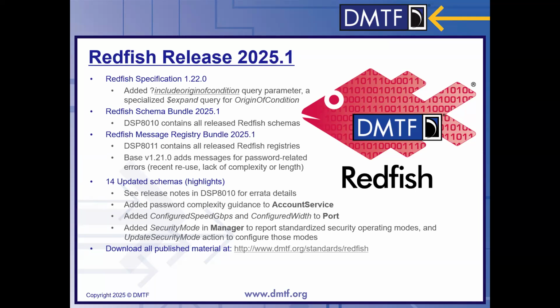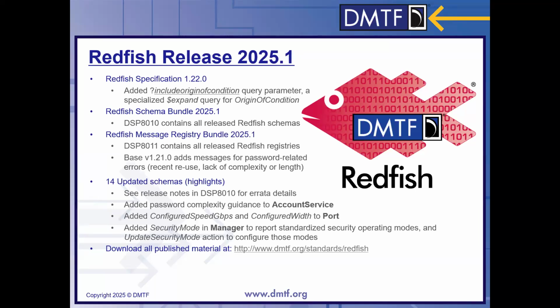There were actually no other errata pieces for the spec this time. And then the main focus of the release, as always, is an update of the schema bundle. So this is released version schema release 2025.1 from the DMTF website. That is DSP 8010, and that contains the zip file with all of the Redfish schemas in all the formats that are supported.